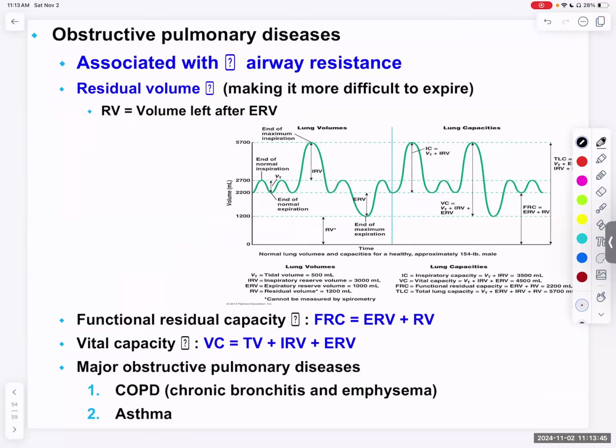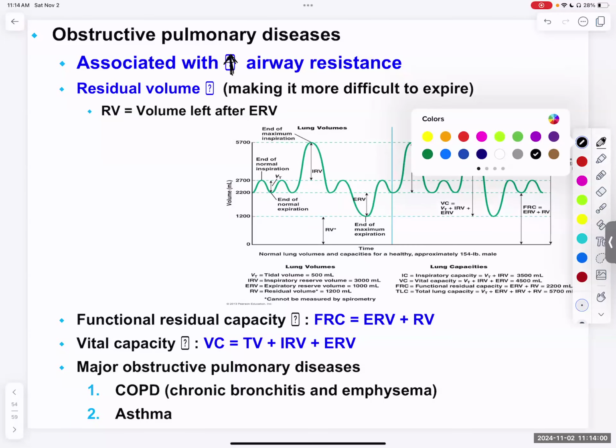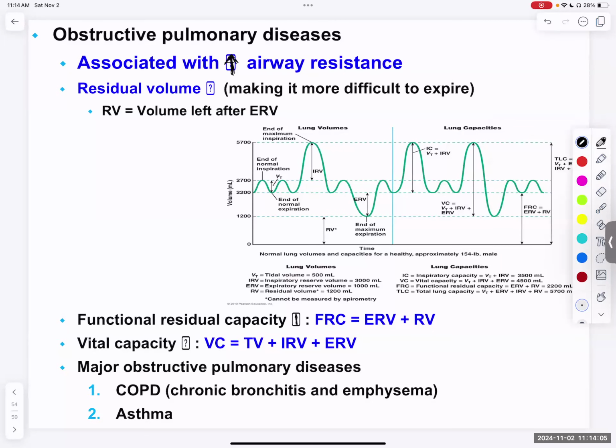In obstructive pulmonary disease, you have an increase in airway resistance, and so you're going to have a higher residual volume. Functional residual capacity is going to go up.